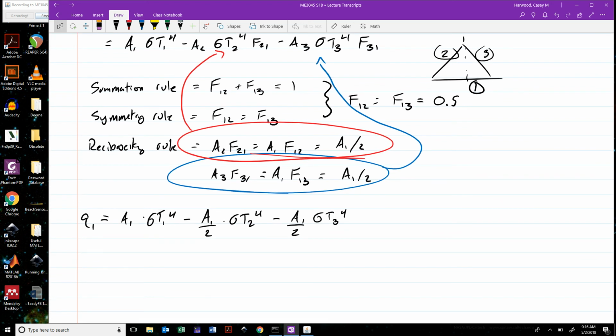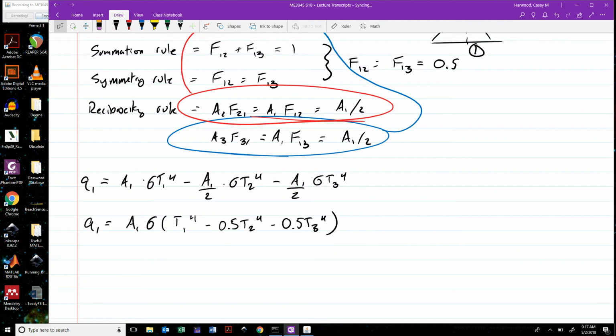Now it's super easy to solve for Q. We can factor out A1, and we can essentially write this now as Q1 equals A1 sigma times T1 to the fourth minus 0.5 T2 to the fourth minus 0.5 T3 to the fourth.